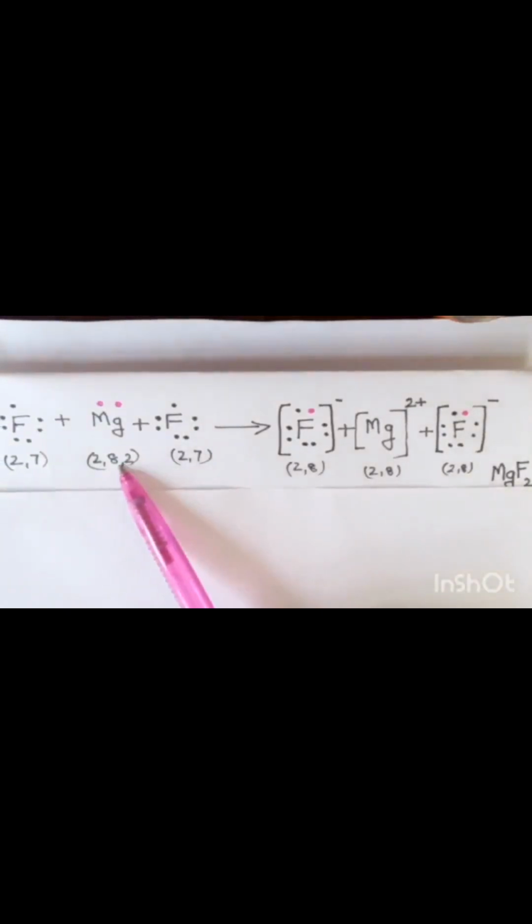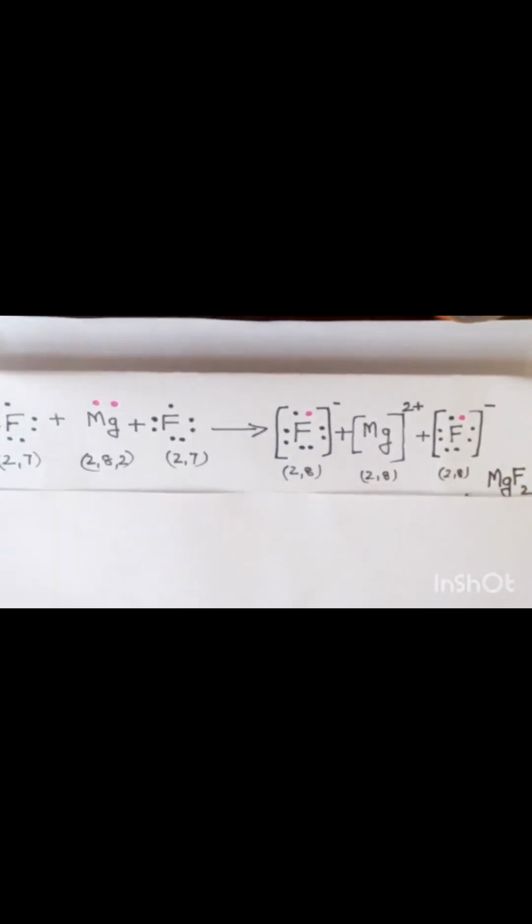These 2 electrons are shared by fluorine. Magnesium donates 1 electron to this fluorine and 1 electron to that fluorine. So the electronic configuration of fluorine changes to 2, 8, and it becomes a fluoride ion.